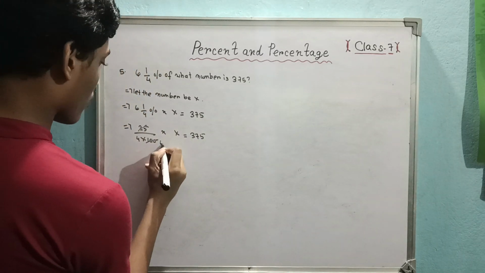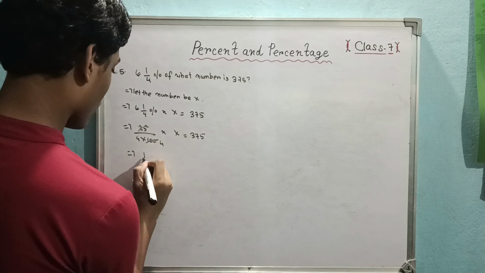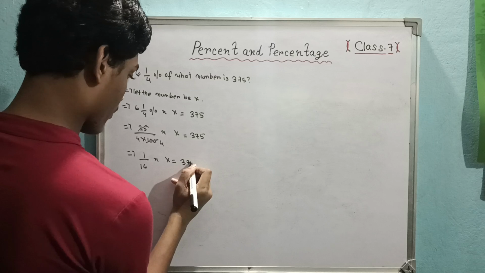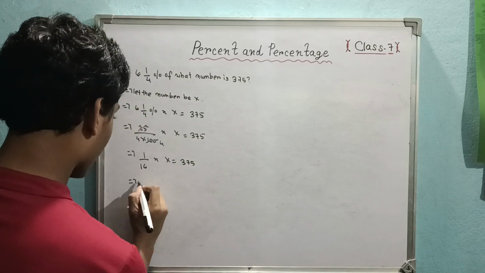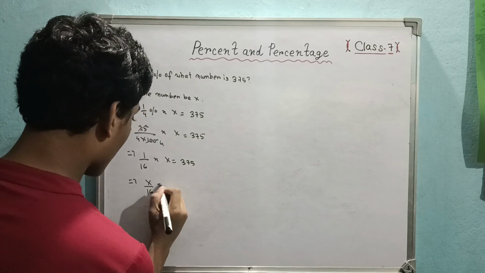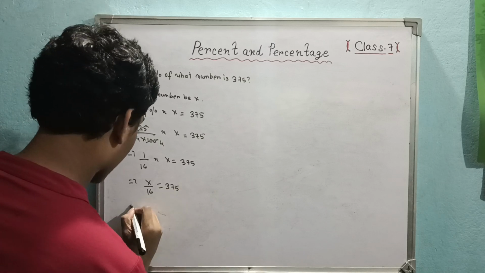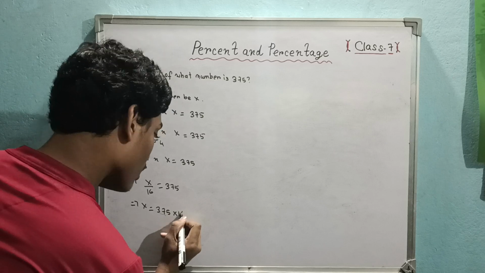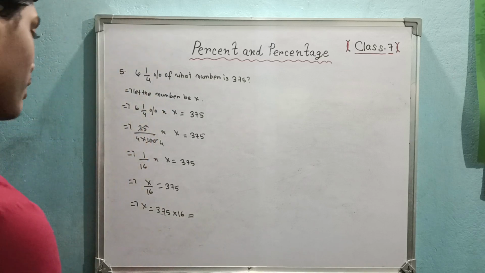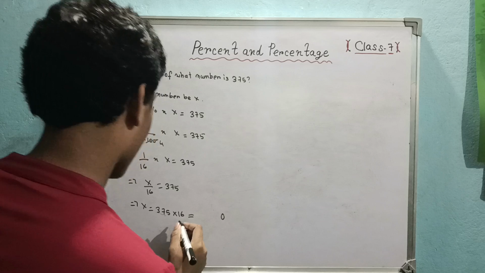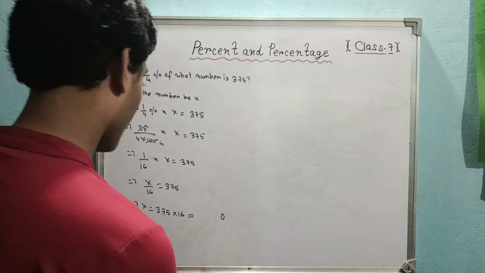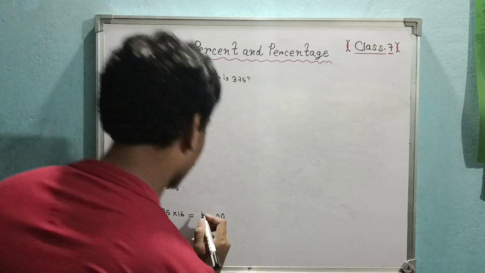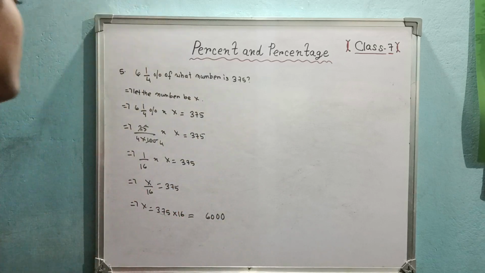Let's do it. 4 into 25 by 100, or 1 by 16 into x equal to 375, or x by 16 equal to 375, or x equal to 375 into 16, which turns out to be what? 0, 8 in hand, 16 7s are 112 plus 8, 12 in hand, 16 into 3 is 48 plus 12 is 60, so 6000.